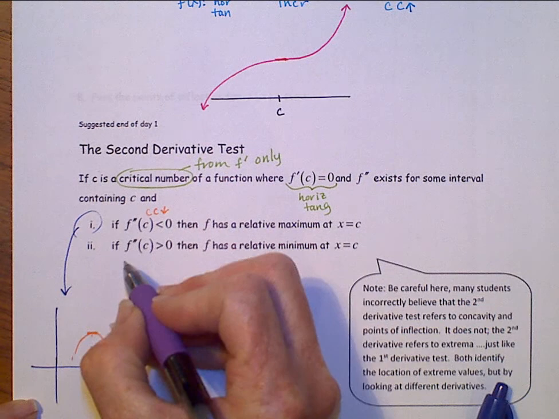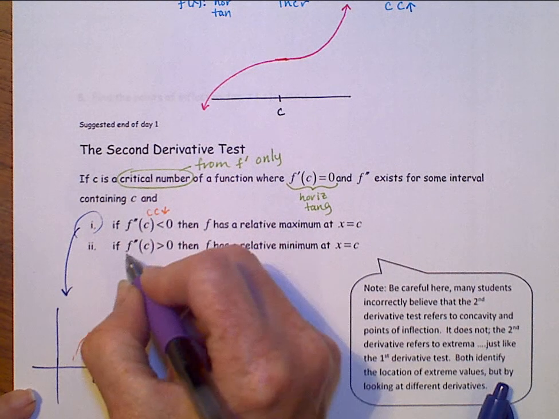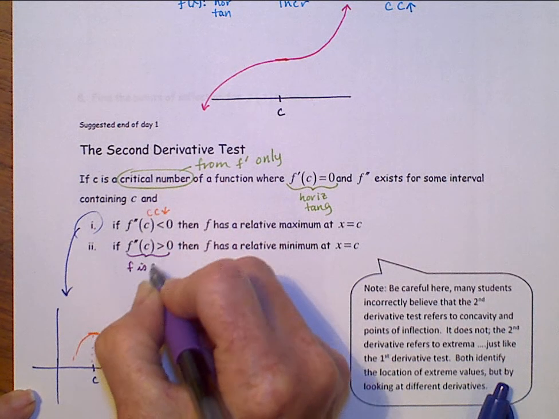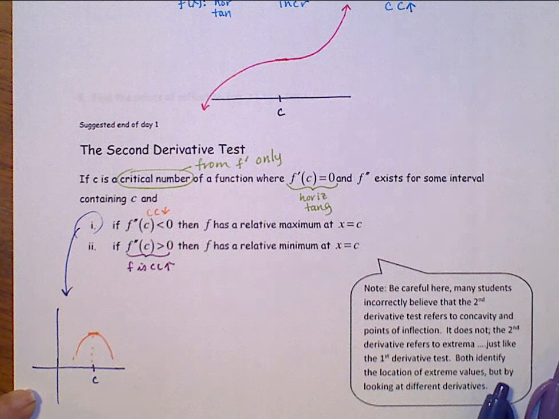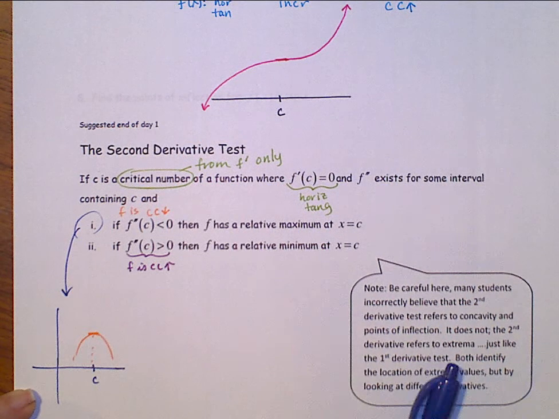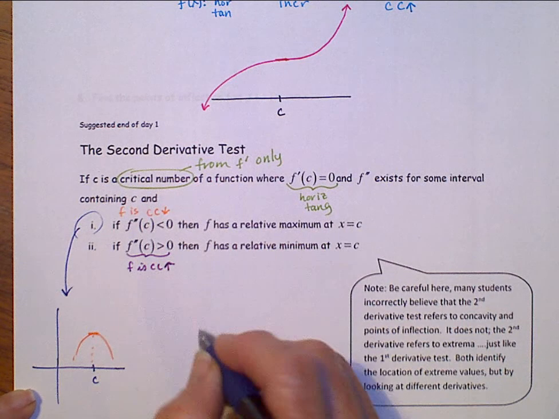Likewise, if we look at this piece, if f double prime is greater than 0, that means that f is concave up. Again, sketching this one.